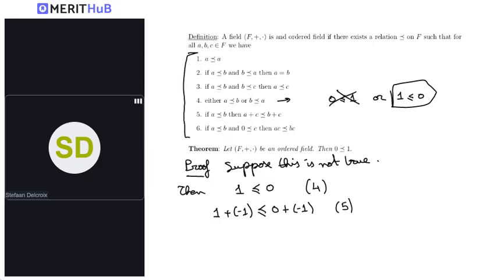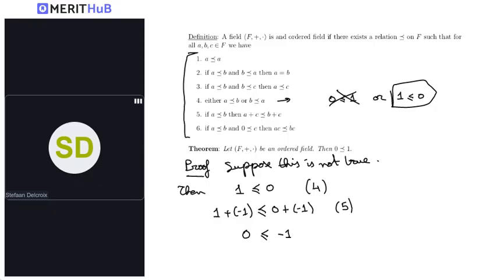Property 5. Okay, so, but what is 1 plus negative 1? That's 0. And 0 plus negative 1? That's just the opposite of 1. Okay, so we're just doing calculations.